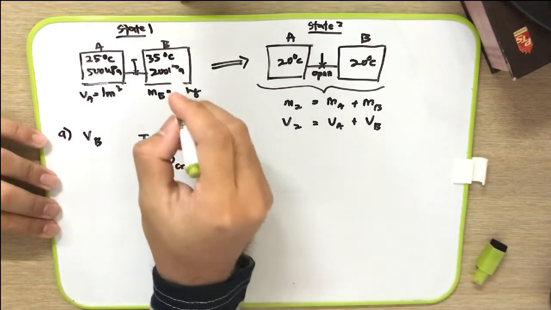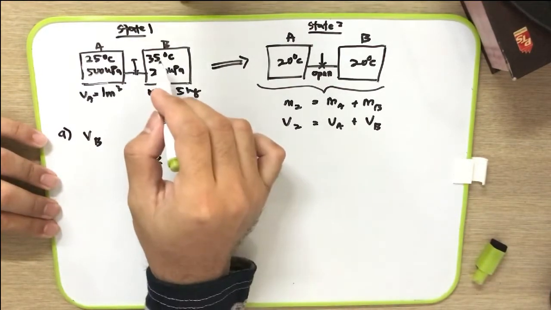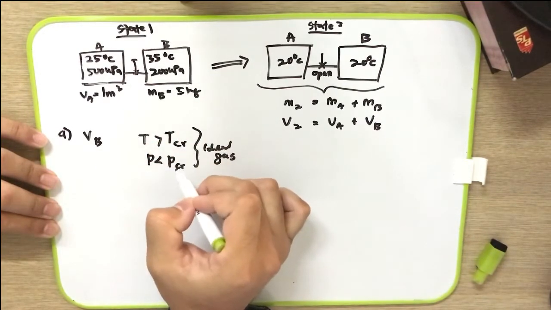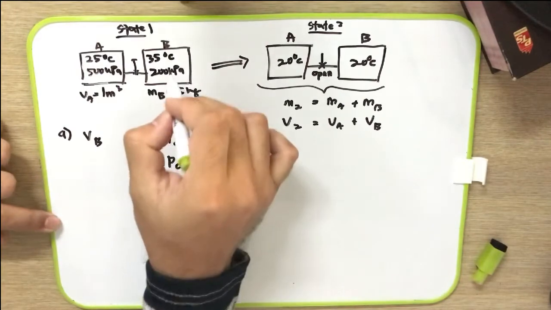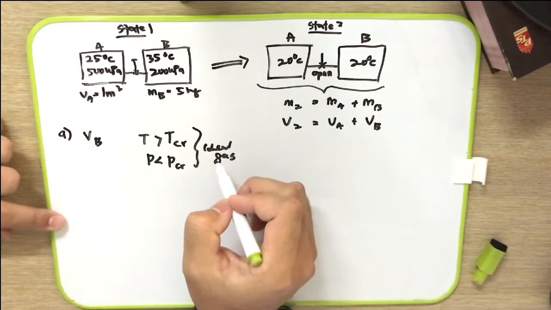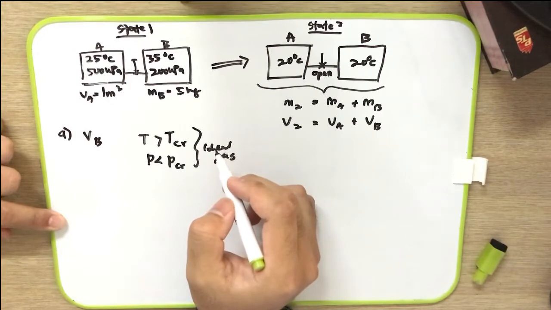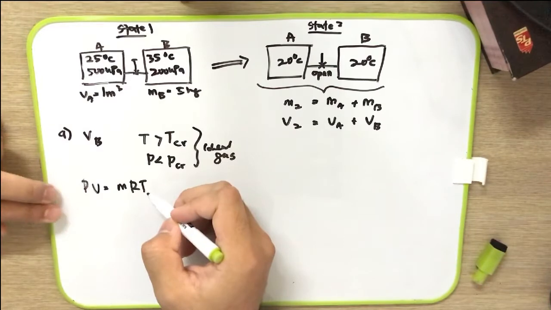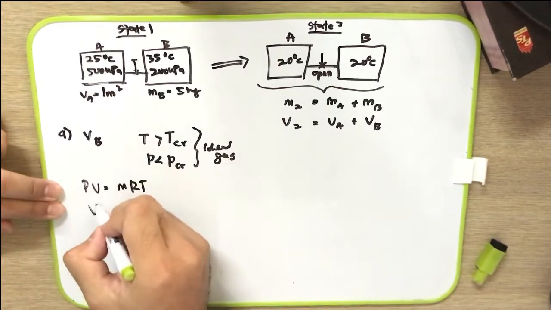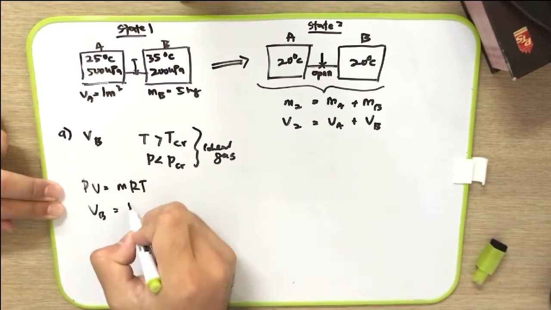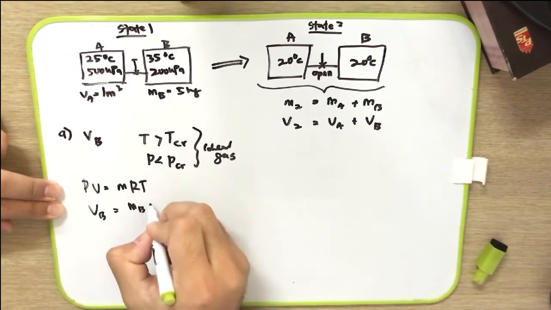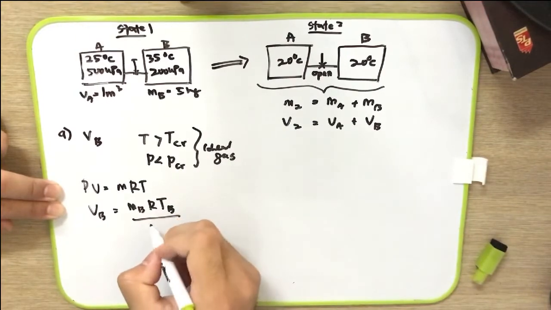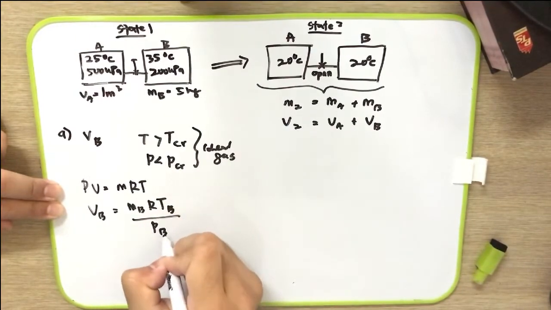So when we look at tank B, the temperature is 35 degrees C and the pressure is 200 kilopascal. When we compare with the critical temperature and pressure, we can consider that the air inside tank B is an ideal gas. So we can use the ideal gas equation, PV = mRT. In order to find VB, we just rearrange this equation: VB = MB R TB / PB.